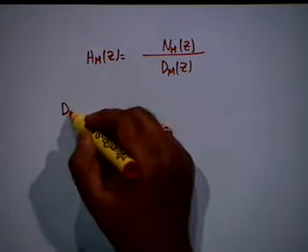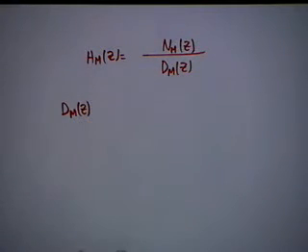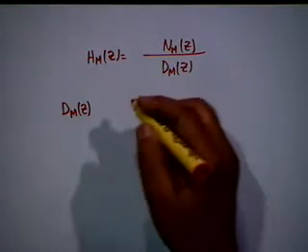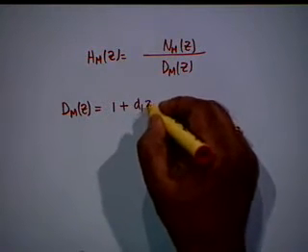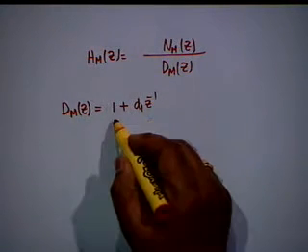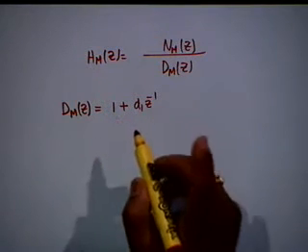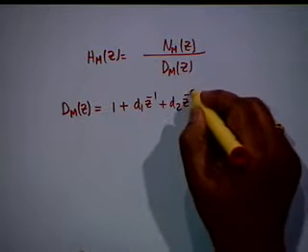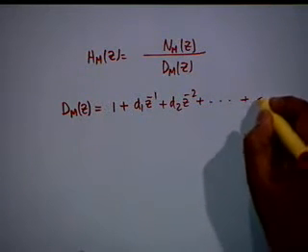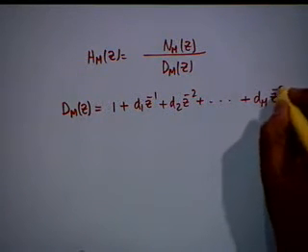where testing for stability means we test for the roots of D_m(z) and find whether all the roots are inside the unit circle or not. Let D_m(z) be written as 1 plus d1 z inverse. This is the discipline we follow. The constant term is 1, plus d2 z to the minus 2, plus etc., plus dm z to the minus m.